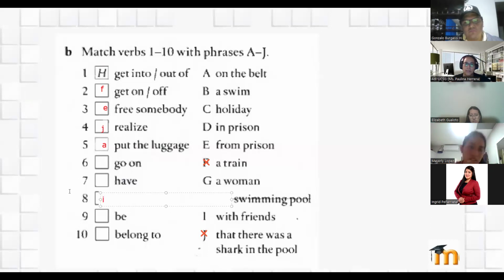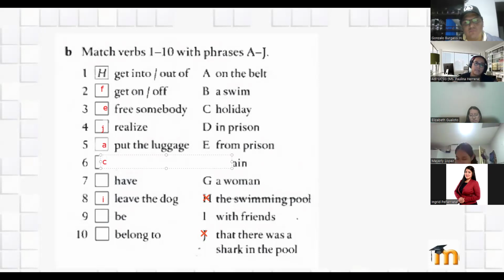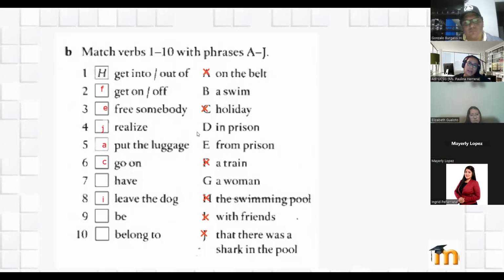Letter I. Very good. Let me see, I have somebody in the chat box. Wendy, 6. Go on holiday? No. Oh, yes, I'm sorry. Go on holiday, that's correct. So we have fewer options. I is taken. A is already taken.